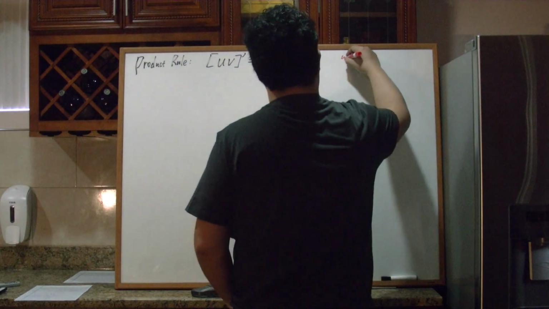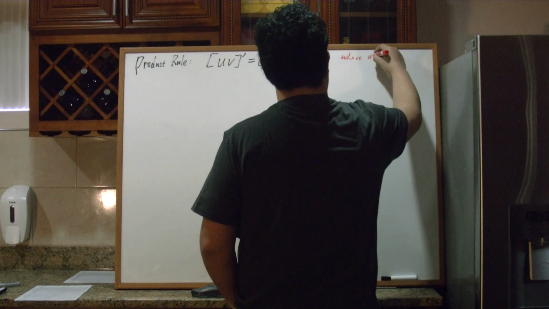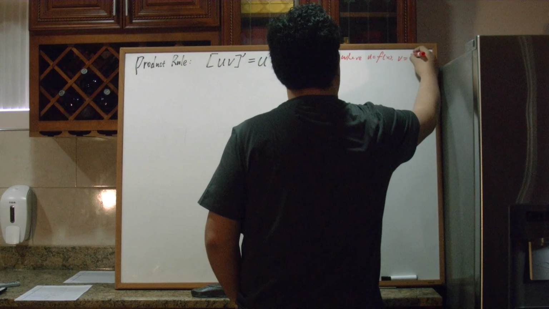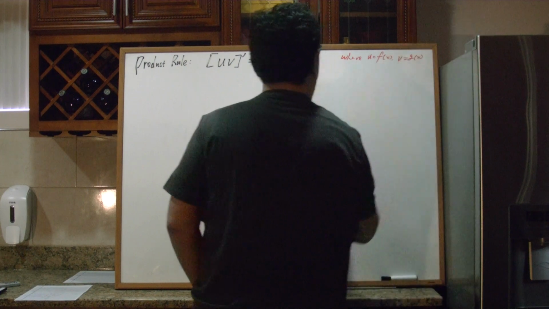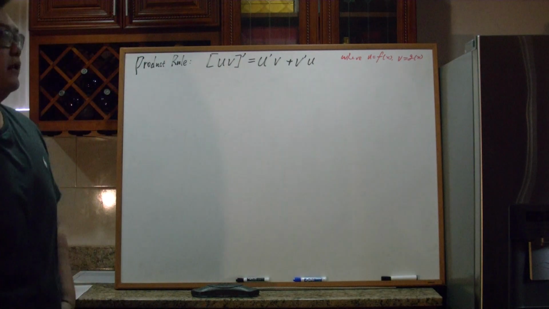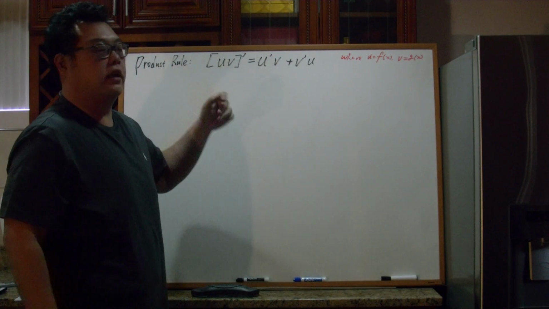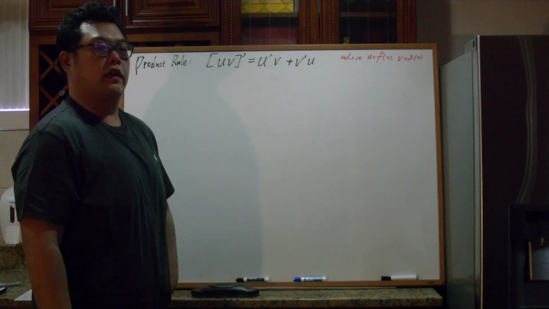of course, where u is f of x and v is g of x, there are two different functions, and the product simply means the product of the two functions together.